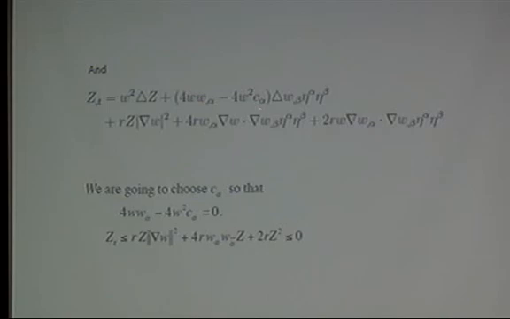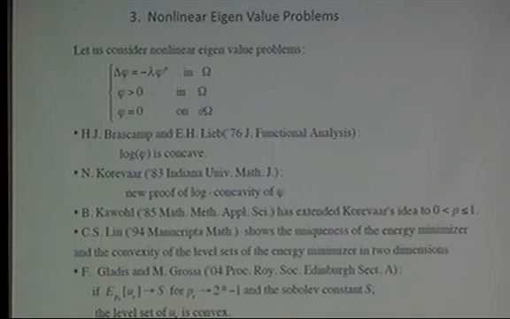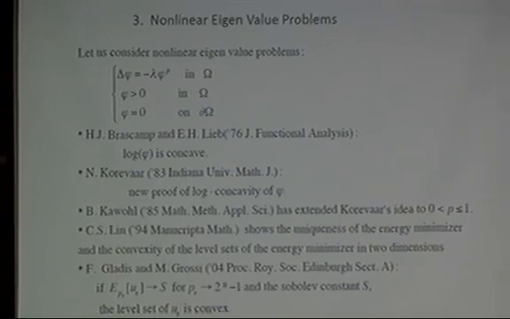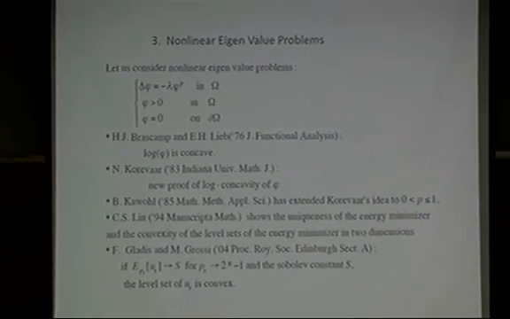And if C alpha satisfies this equation, then we don't have this term, and the other term is good, so the method works. That's a simple computation, and that's the way to prove square root concavity. Well, it has a lot of details, but I just gave you the key part.